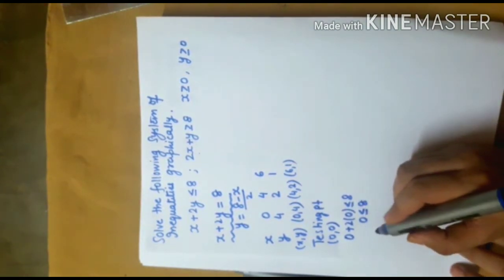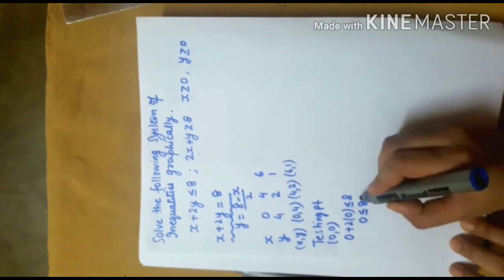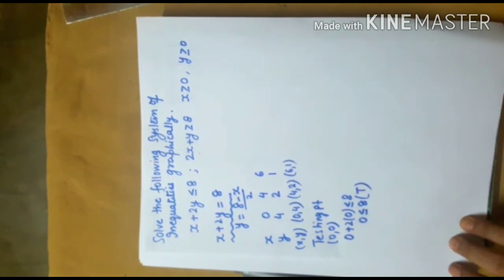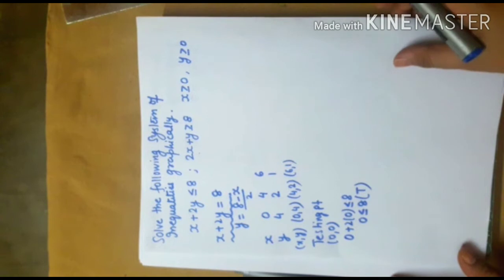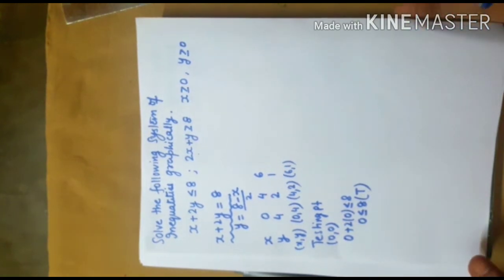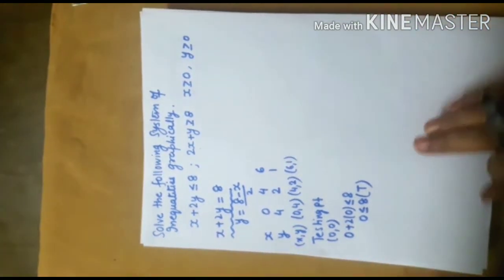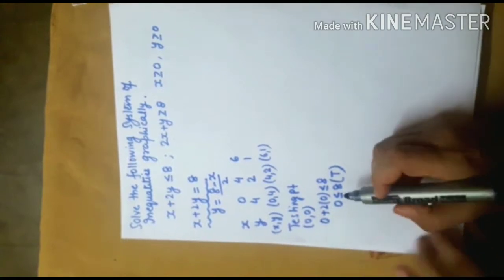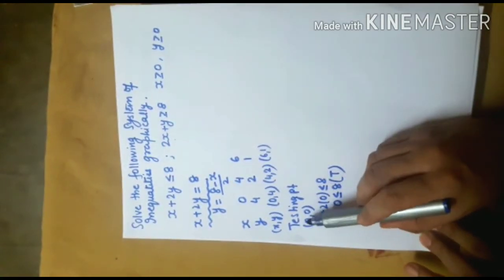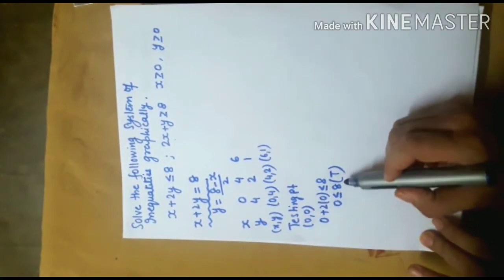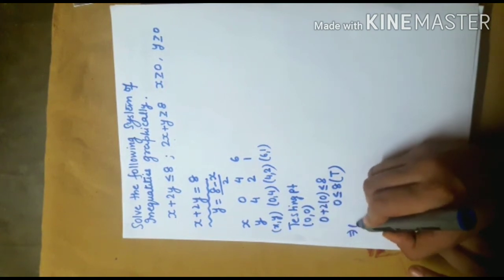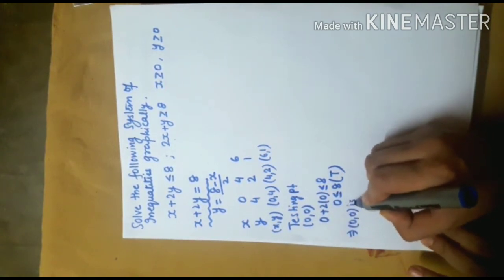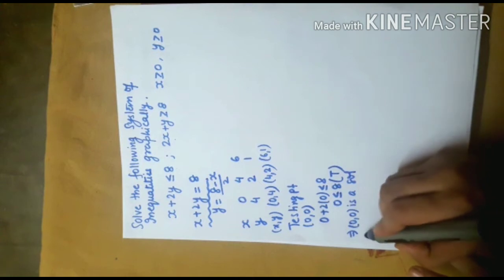True or false? It's true. So when I put x as 0 and y as 0, I get a true statement. So this implies 0 comma 0 is a solution.